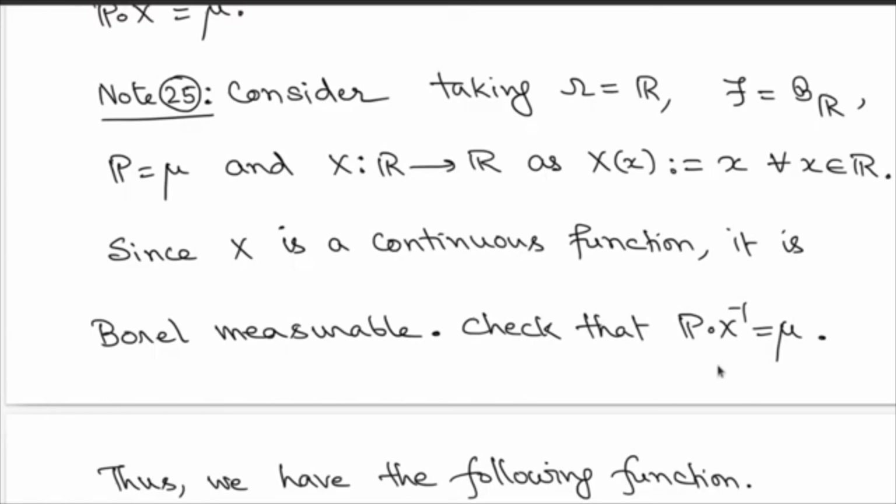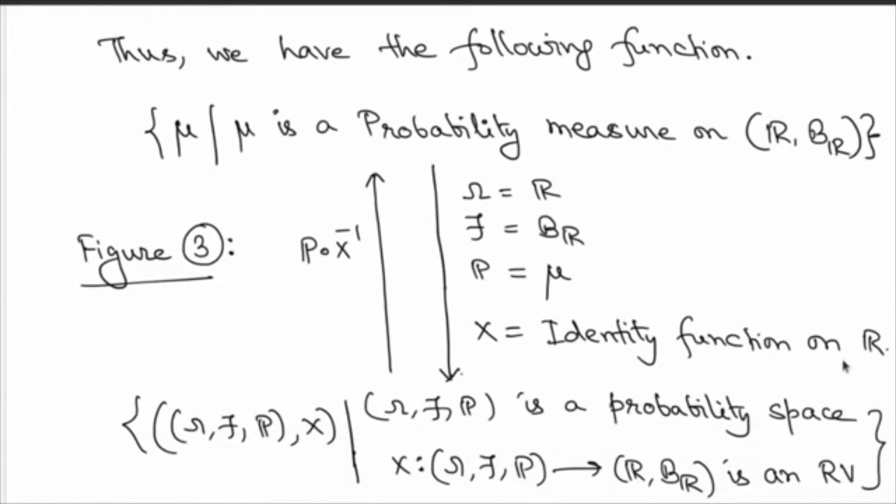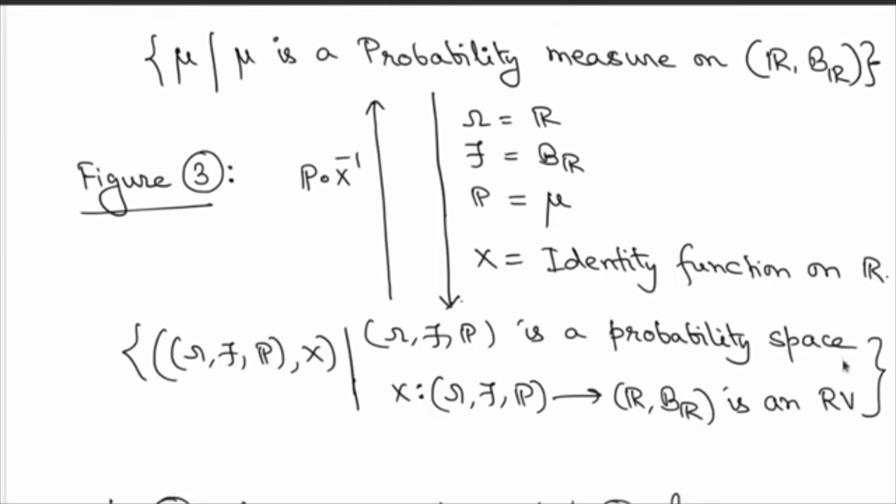Okay, this is just rewriting whatever information you have already been given, and since you have taken the function x to be the identity function, you are not really changing anything. But this gives you an explicit construction of a random variable with the specified law mu. Okay, so therefore you now have an association or a function going in the direction opposite to the structure that we have discussed earlier.